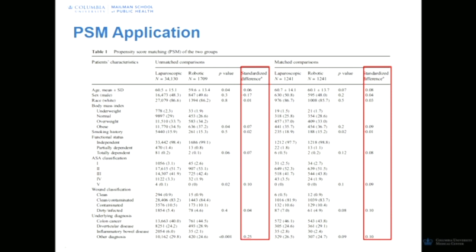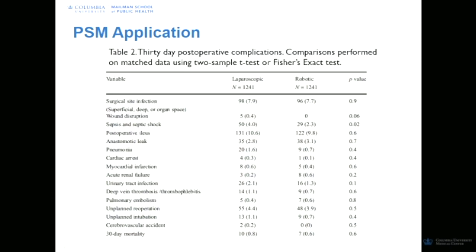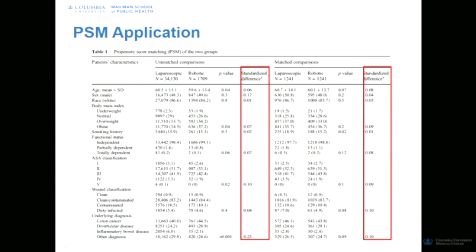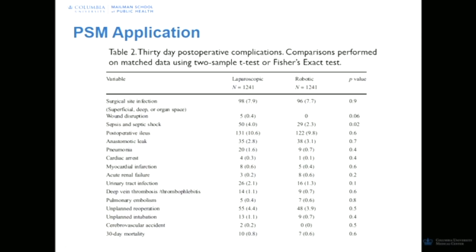So now, what are we going to use for the outcome analysis? Because at the end, we wanted to do 30-day post-operative complications for these groups. We're going to use the 1,200 pairs that we made with the PSM, and compare them between the laparoscopic and robotic.